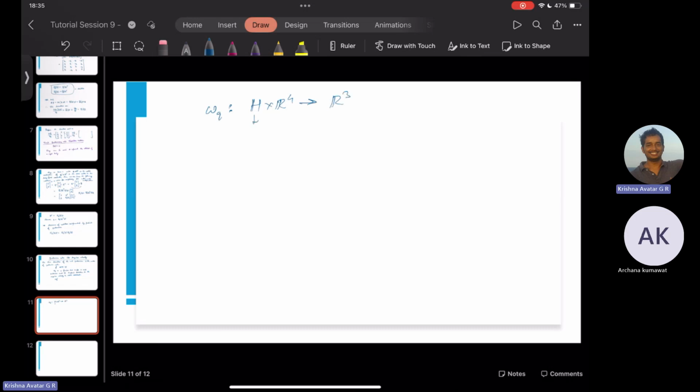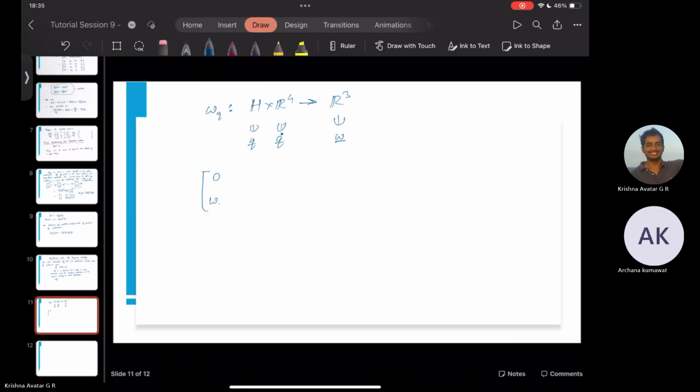So here H indicates that Q is an element of H, R4 is the space in which we have the quaternion rates, and R3 is the angular velocity W.